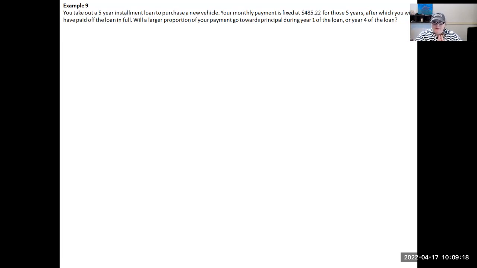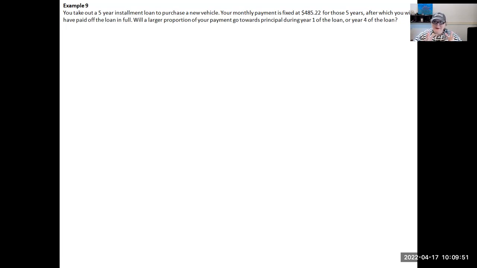You're going to have to bring money for a down payment. That will usually be a certain percentage of the amount of the vehicle itself. Then the rest of the money that you owe for that vehicle is going to go into an auto loan or a vehicle loan or an installment loan for either 5 years, or now they're offering 6 and 7 year loans, potentially even more, I think I've heard recently.